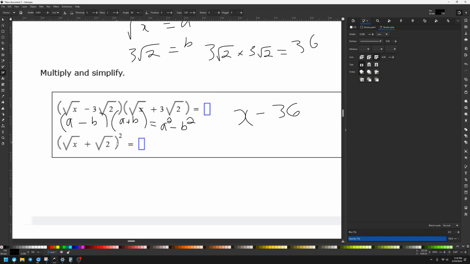Okay, for the next one. The square root of x plus the square root of 2, squared. So let's do the same thing. This is a and this is b. So we have a plus b squared, and that's a squared plus 2ab plus b squared.